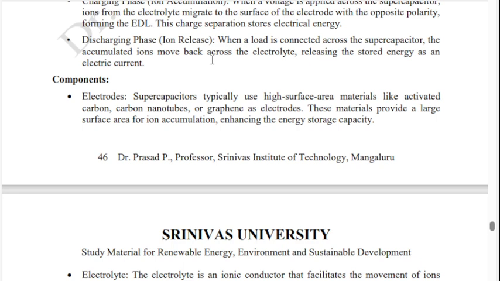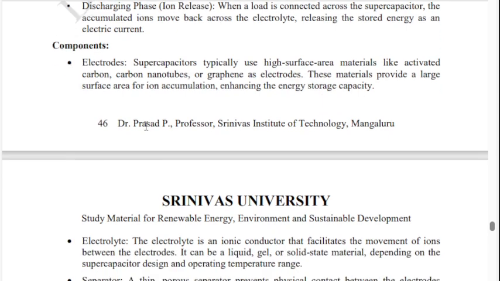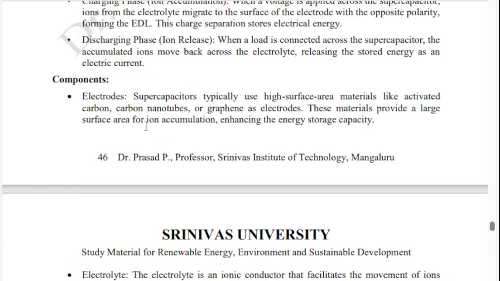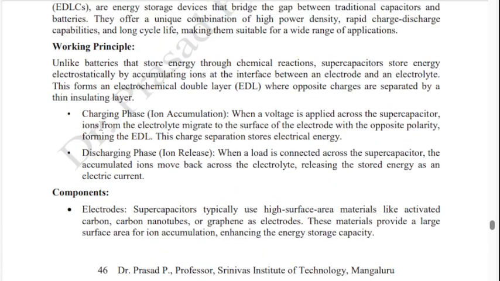If a positively charged ion is stored at one electrode, more electrons are stored there. So when the positively charged ions move back to their original state, it releases the electrons. The electrons become free, so we get the electrons back, and we get the current back into our system. Okay, so that is the working principle of the supercapacitor.